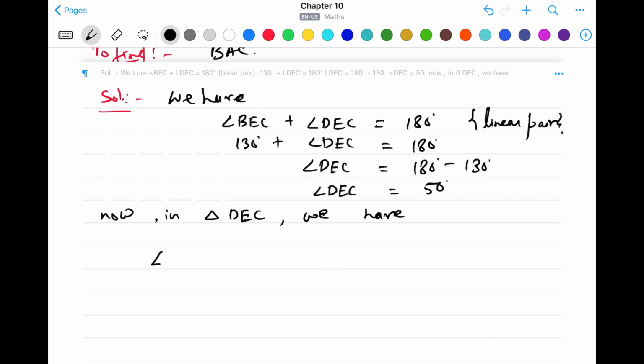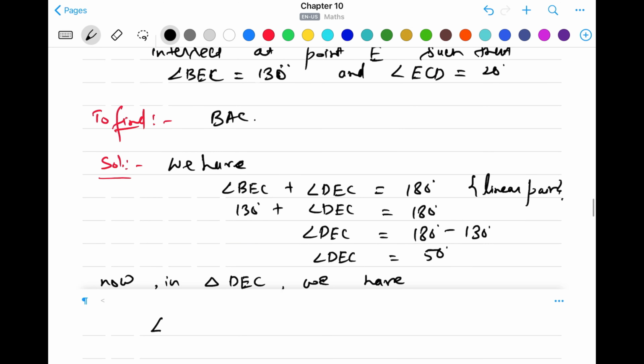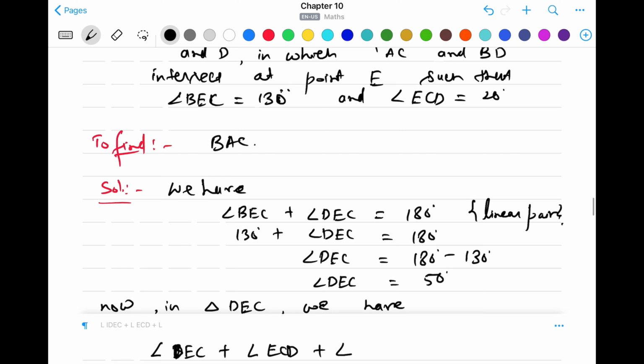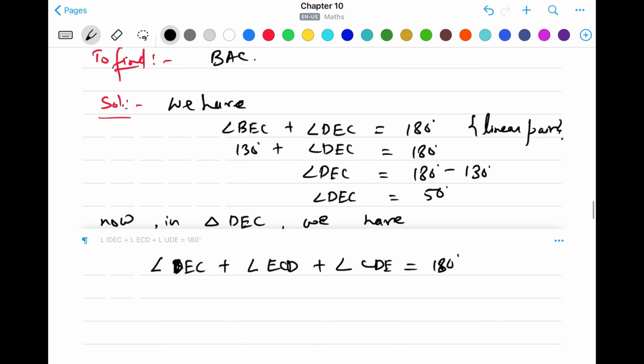That is angle DEC plus angle ECD plus angle CDE equals 180 degrees. This is the angle sum property of a triangle.